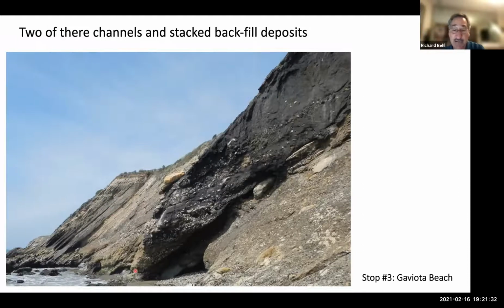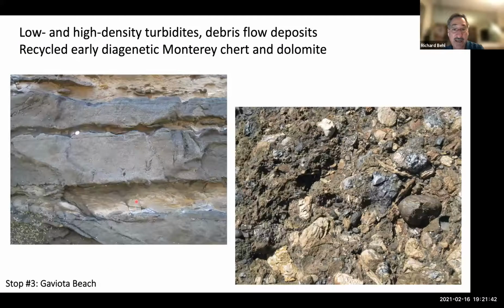It's really key to come here at low tide, at no more than about a one foot tide above the mean datum. You see beautiful graded low density turbidites. You see some nice burrowing going through them as well, but you also see high density turbidites and debris flows, rip up clasts, all kinds of things.